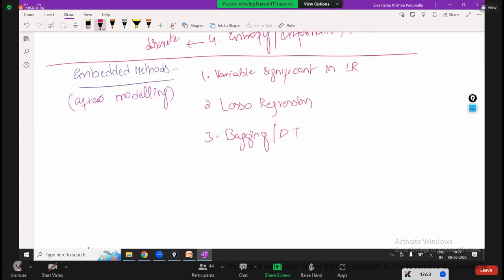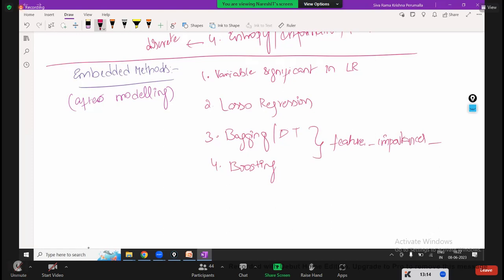So with the bagging technique or decision tree, or with respect to boosting, in both of them you are going to see the feature_importances_, and whichever features are unimportant, you are going to drop.